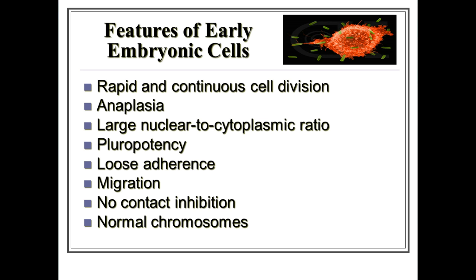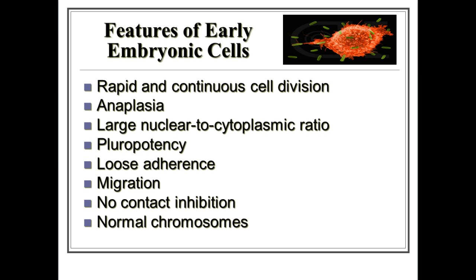So you need to be able to differentiate the difference between these types of features of the cells. The first one was the biology of the normal, and then the other one was the early embryonic cells, which is basically right before they start to turn.